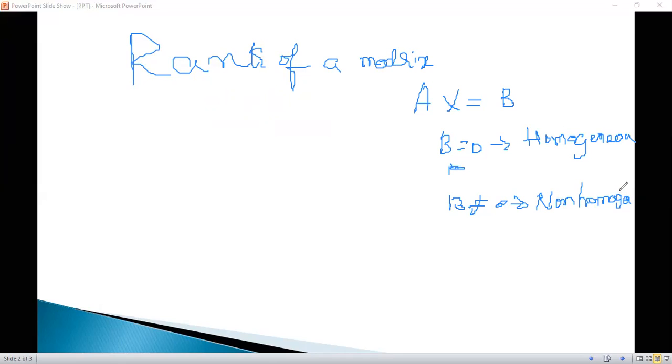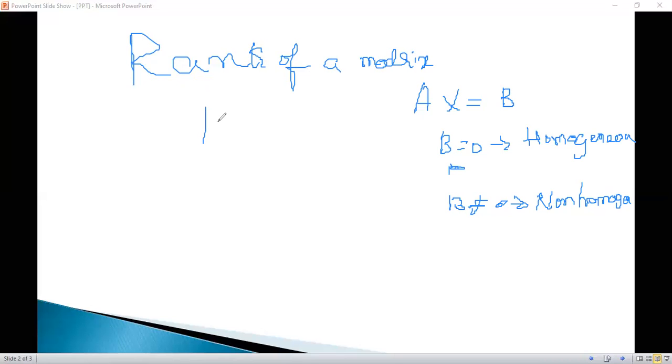Here we have discussed so many cases, the shortcut methods: when the system of linear equations will have a unique solution, or in which case it will have infinite solutions. Like that, we have discussed cases.